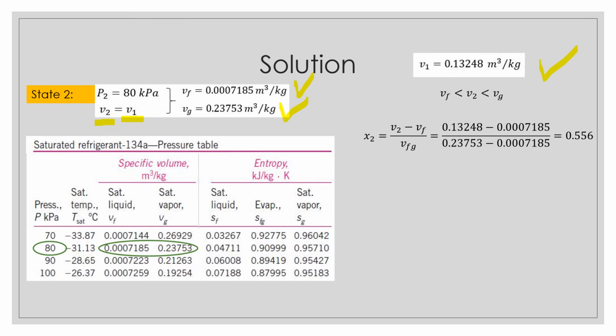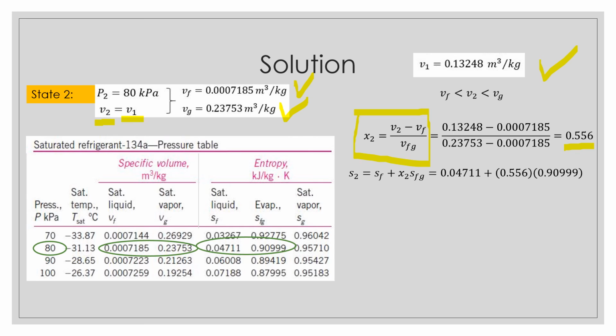So we use this equation to obtain x2. And then we refer to the same property table for the sf and sfg values.